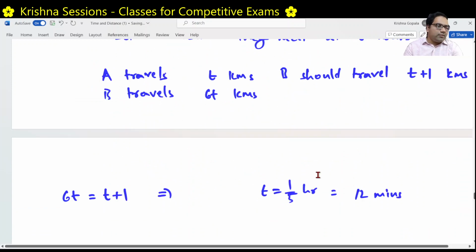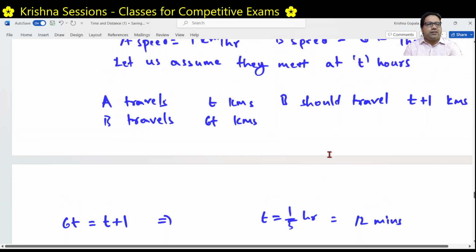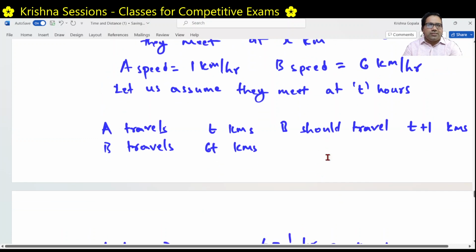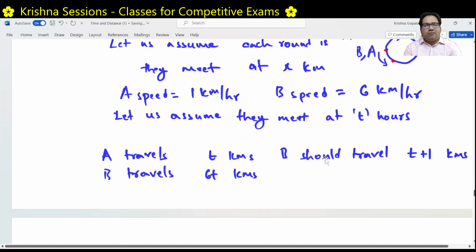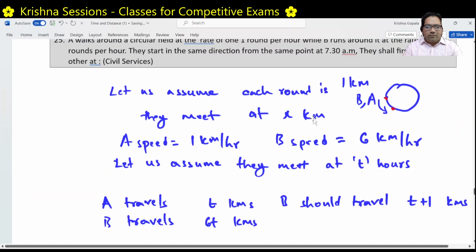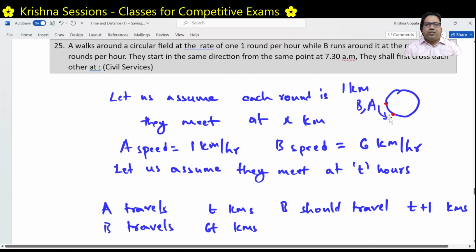So 12 minutes is 12 by 60 hours. Each hour it is covering 6 rounds. So 12 by 60 into 6, that means it is 1.2 rounds, right? Now A is covering 0.2 round and B is covering 1.2 rounds in 12 minutes. So B is covering actually one full round plus another 0.2 round.